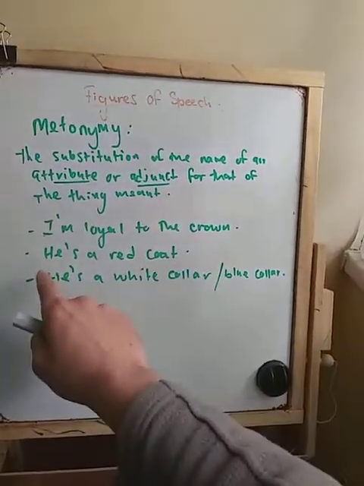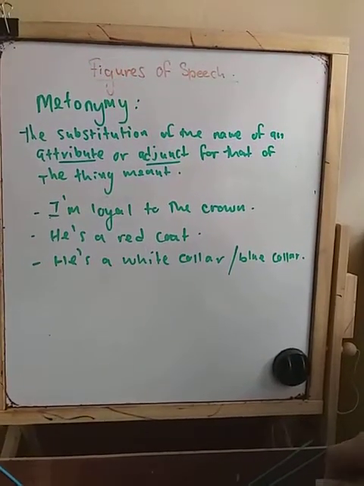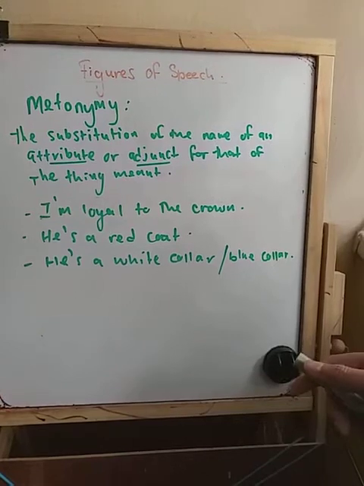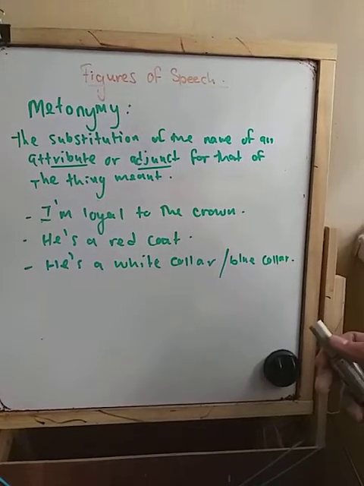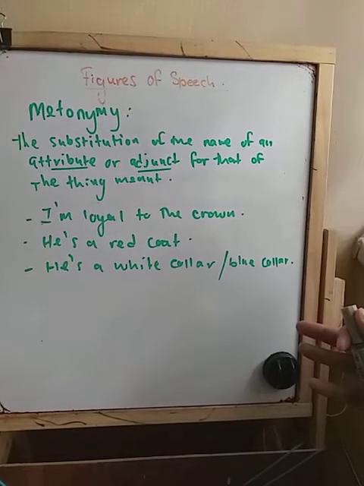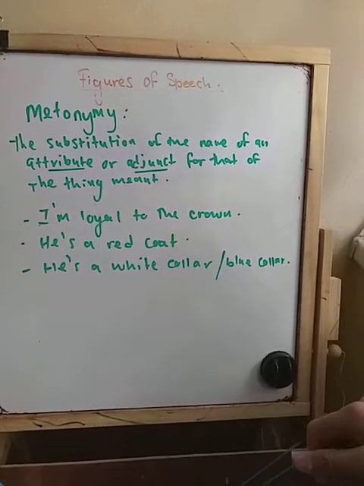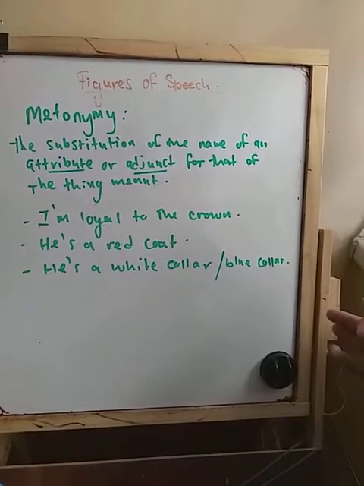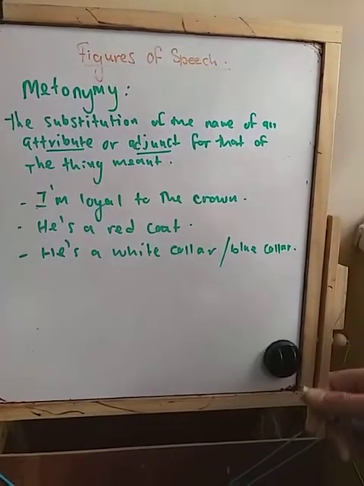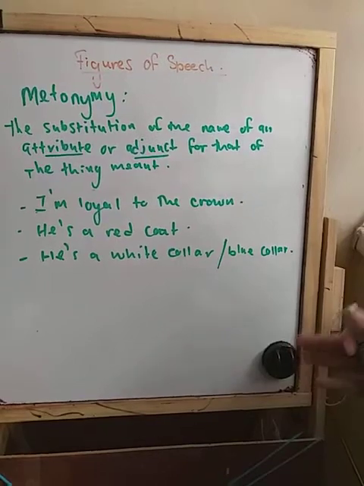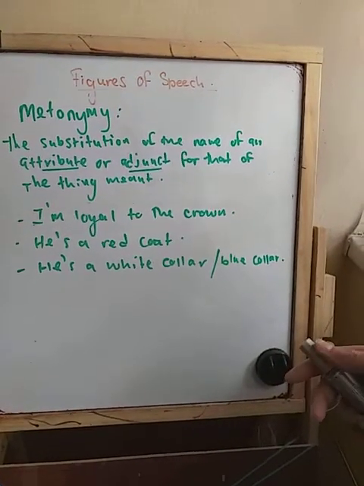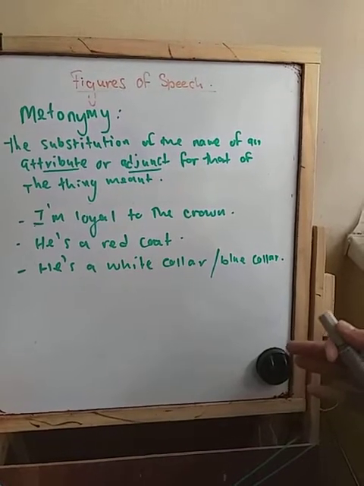Let's see another example. He's a red coat. So a red coat is an attribute of whom? It's an attribute of the royal army. So he is a royal army soldier. So he's a red coat. And he's a white collar or he's a blue collar. So who wears white collars?